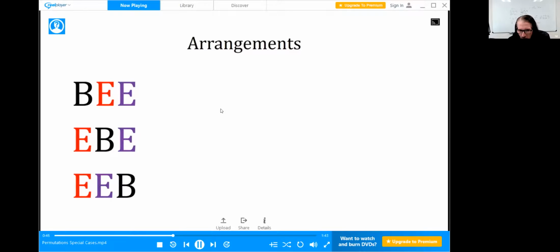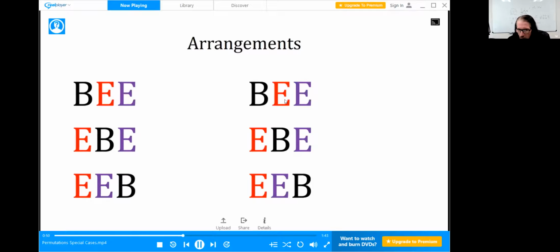Then over on the side, we're going to see that we could flip the order of the red and the purple E's. That would give us our total of 6 when we have 3 distinct things, and we're going to arrange all 3 of them. 3 factorial is 6. Let me go back for a moment there. Okay.